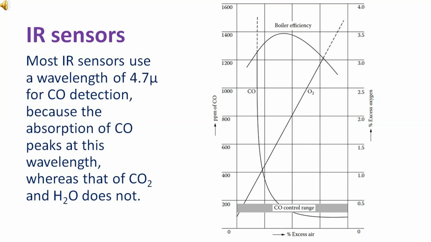Most infrared sensors use a wavelength of 4.7 micron for carbon monoxide detection because the absorption of carbon monoxide peaks at this wavelength, whereas that of carbon dioxide and H2O does not.